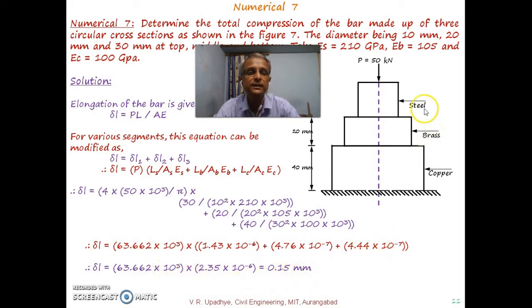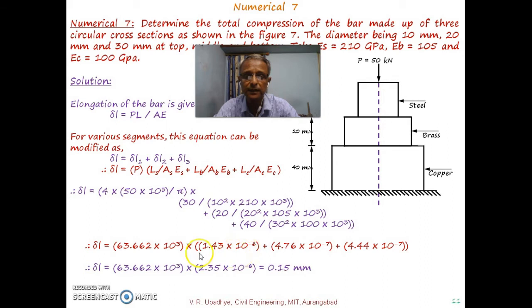So with this total structure, for this particular force applied, with different materials, the total change in length is 0.15 mm. Now if it is asked what is the change in length of steel, of brass, of copper, you can just calculate this thing, and this value is multiplied with this value.